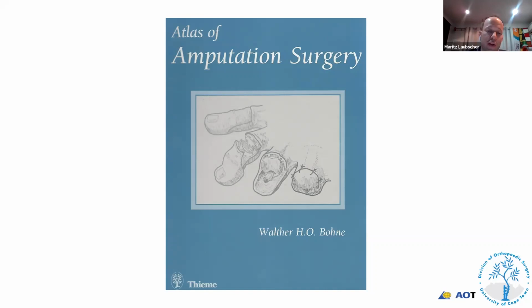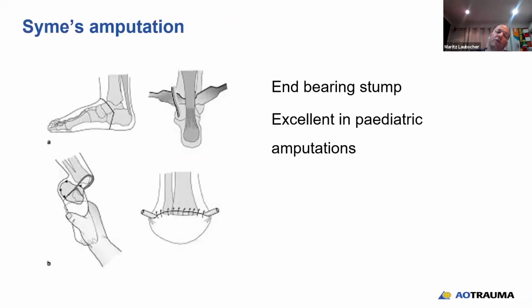There's an old book that a now-retired consultant gave to me that I put in my bookshelf and didn't really look at, and only later, when I had to do more amputations, did I go back to it. It's a very old book, but very useful, showing good techniques for the various levels of amputation.